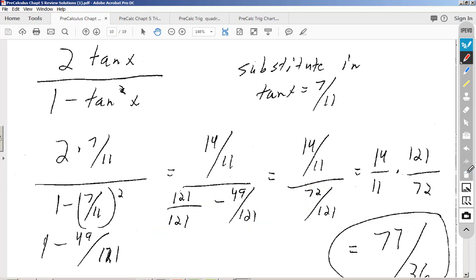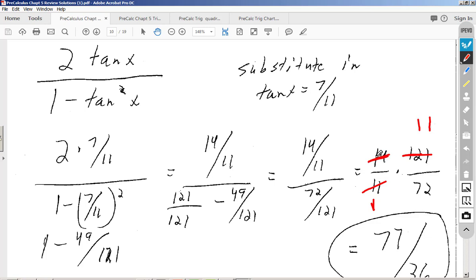Now my rule is flip and multiply. So that's what I'm doing. I'm going to flip this bottom one and multiply it. When I do that, notice I can cross cancel. It makes it a little bit easier. So 11 becomes a 1, and 121 is going to become 11. And then I can also reduce down my 14 over 72, so I can cross cancel.